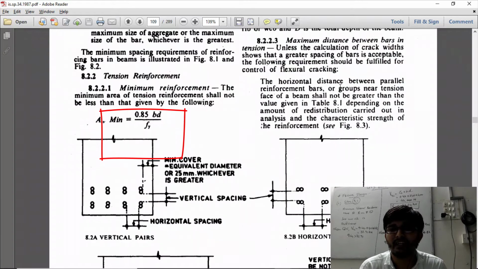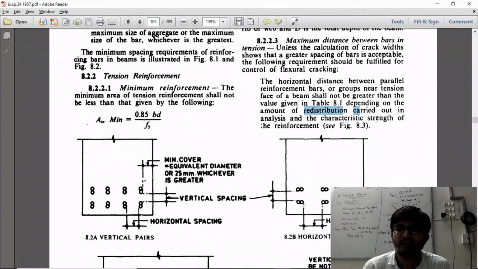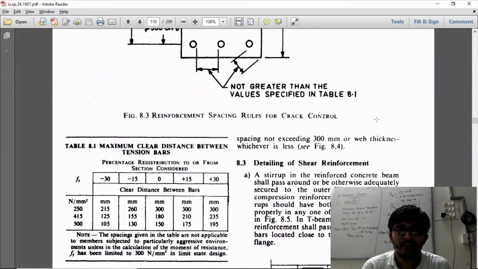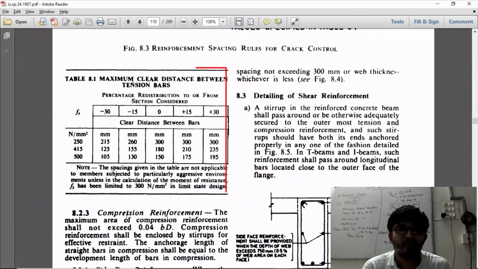The horizontal distance between parallel reinforcing bars or groups near the tension face of a beam shall not be greater than the value given in table number 8.1, depending on the amount of redistribution carried out in the analysis and the characteristic strength of the reinforcement. So we need to go to table number 8.1. Here is table number 8.1, maximum clear distance between tension bars. It depends on percentage redistribution or from section considered.